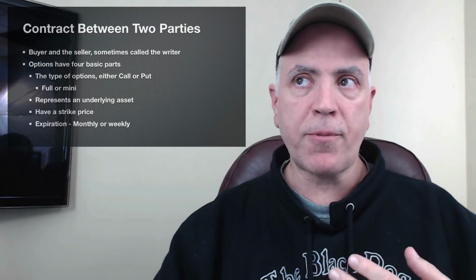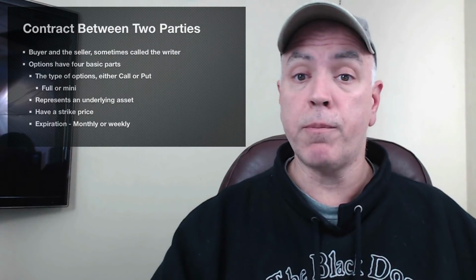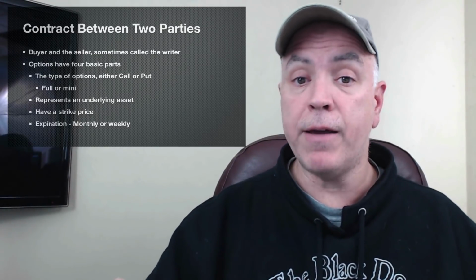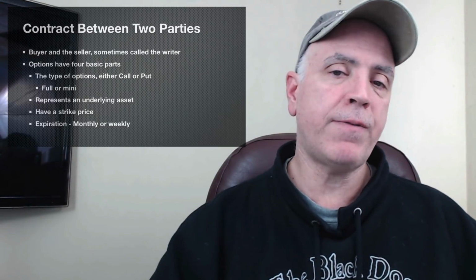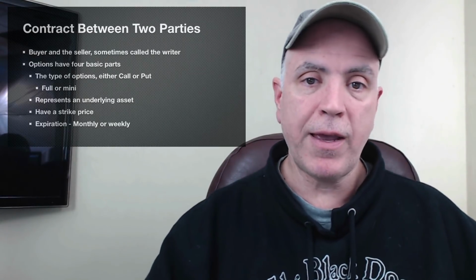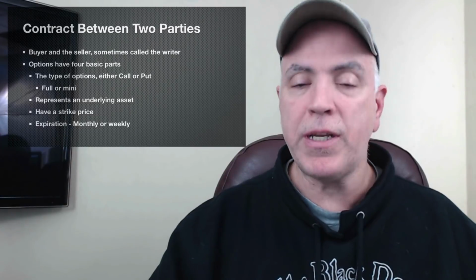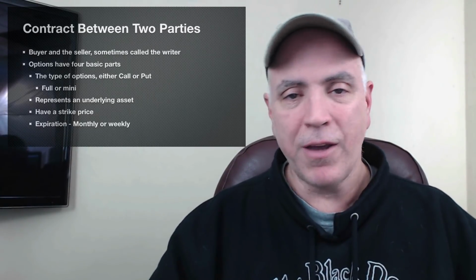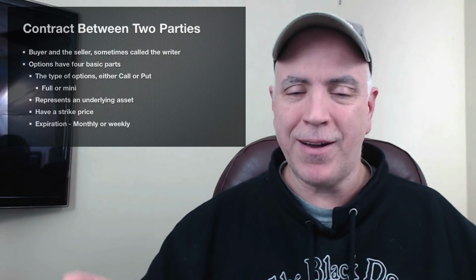Most options traditionally had a monthly expiration that expired on the third Friday of each month. Now a lot of stocks have weekly options, and they expire virtually every Friday. And Apple, of course, is one of those stocks that also has weeklies. So Apple has the full gamut of option types.